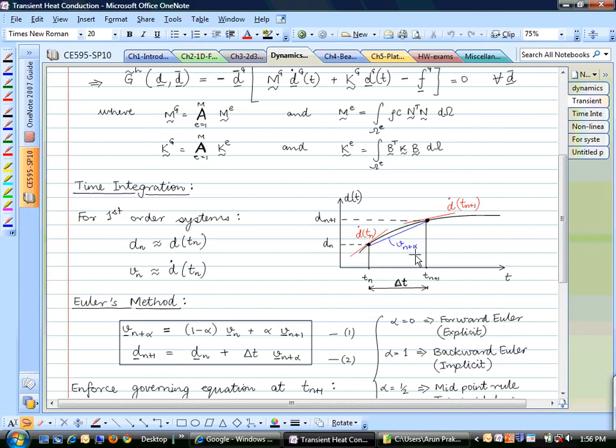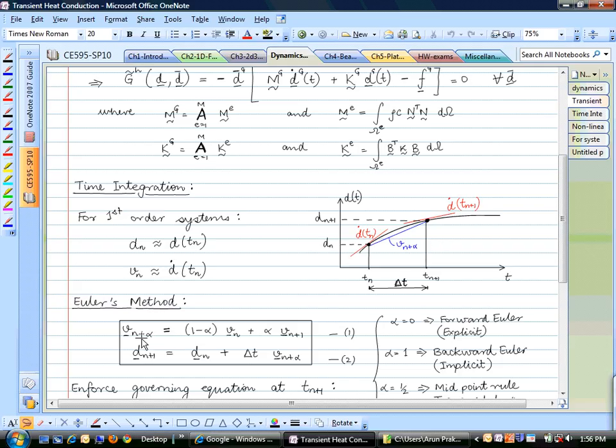This v n plus alpha could be some linear combination of the derivative at n and the derivative at n plus 1. So you can see that the slope here and the slope here, this line has somewhat of an intermediate slope between these two. That's what the first equation says.